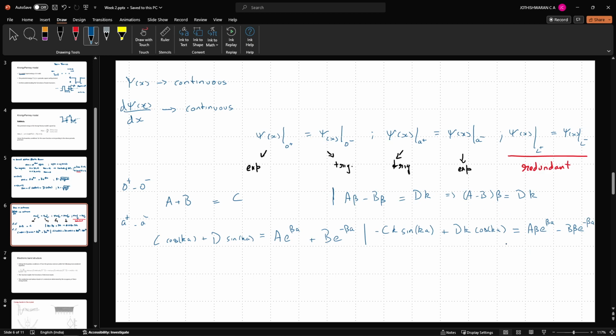So this will give us the four equations that we need to solve for the values of a, b, c and d.